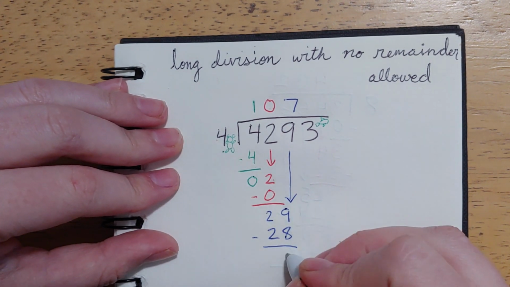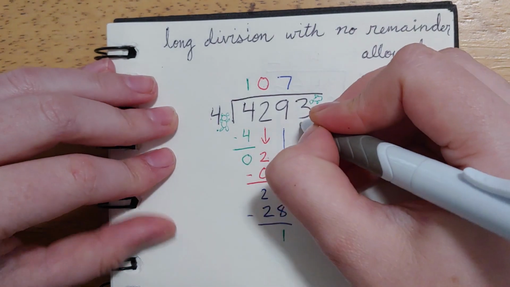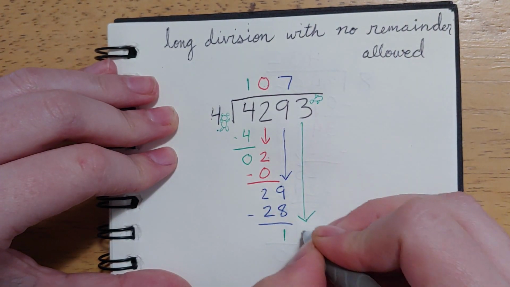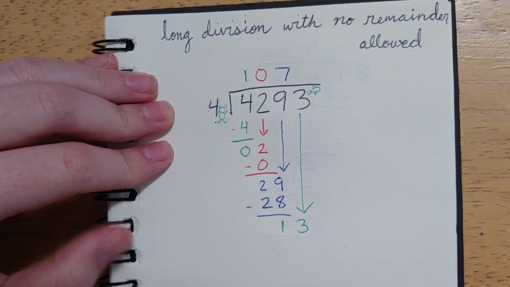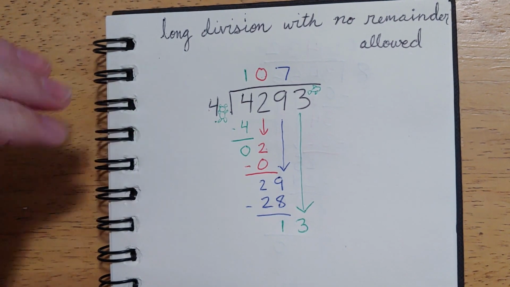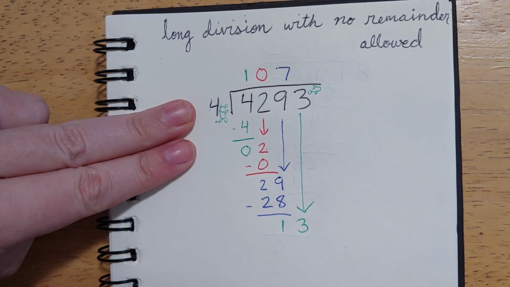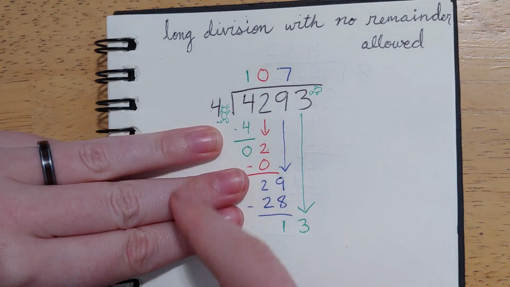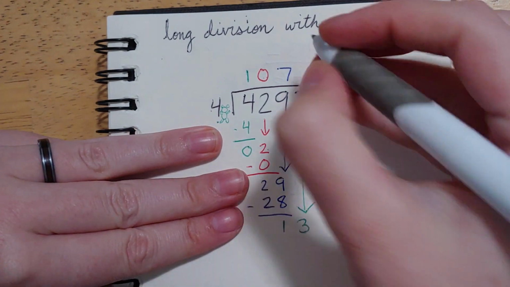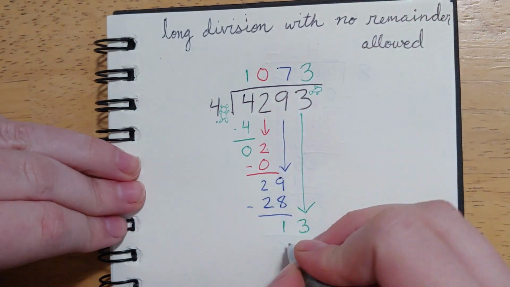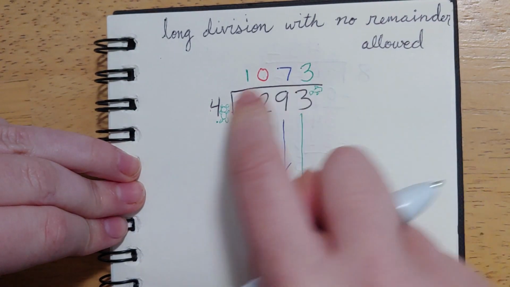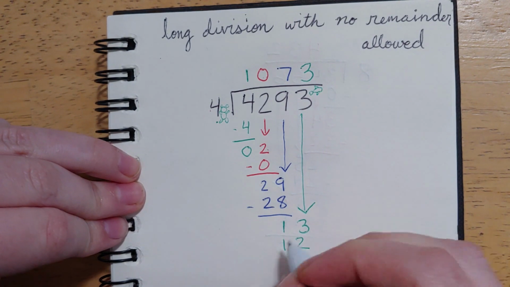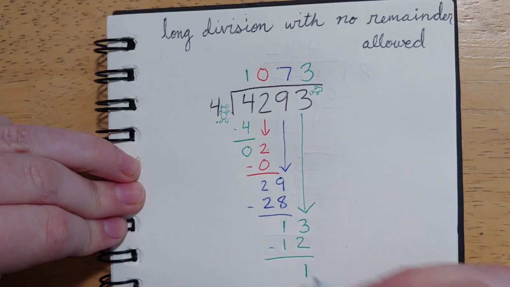29 minus 28 is 1. Bring down our next section. 13. 4 goes into 13 how many times? Count by 4s. 4, 8, 12, 16. 16 is too much, so take it back. They each get 3, and we used up 12. 3 times 4 is 12. 13 minus 12 is 1.